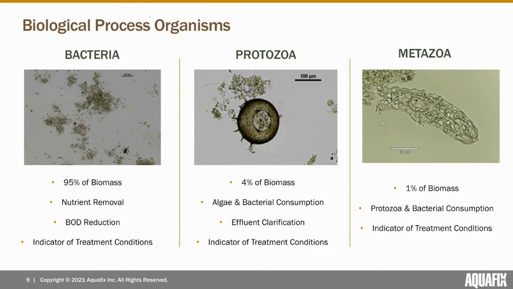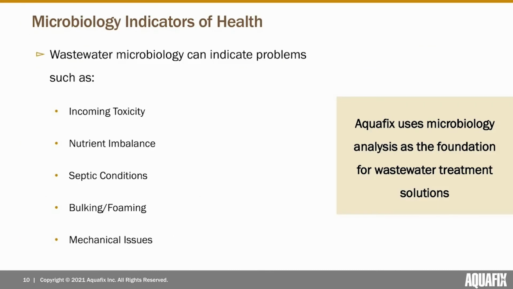Some of these potential issues can include incoming toxicity, nutrient imbalances, septic conditions, bulking and foaming, as well as mechanical issues. That's why Aquafix uses microbiology as the primary tool in finding the most effective treatment solutions. We believe understanding the microbiology of a plant is fundamental in discerning what problems are present and why.